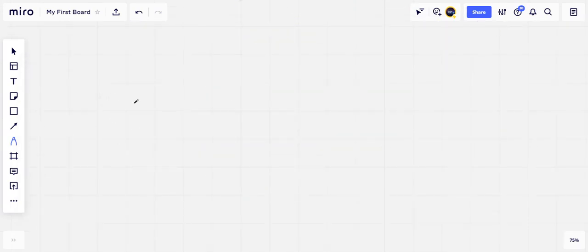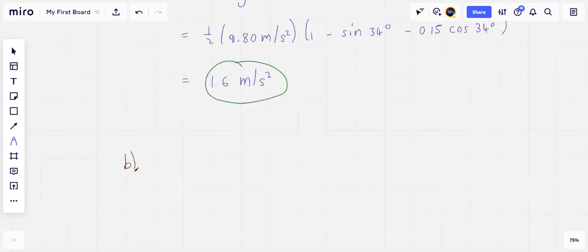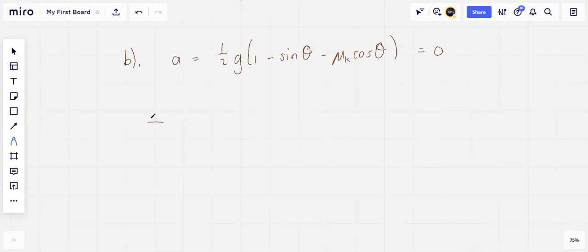Next, we want to find the coefficient of kinetic friction that will allow the system to not accelerate, rather. So to have an acceleration of 0, the expression for acceleration must be 0. So a is equal to a half g into 1 minus sine theta minus mu k cosine theta must equal 0, which means if we rearrange, we can solve for the required coefficient of kinetic friction mu k.